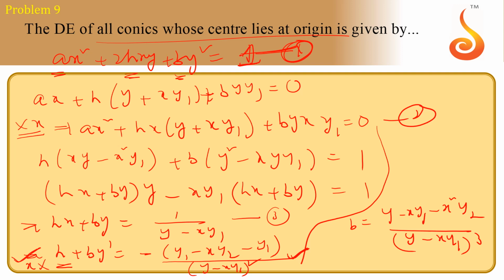Now if you differentiate this, because you have only one parameter b, it will become 0. Then you differentiate this, that will be the required differential equation. So please observe, I selected this problem so that I want to show you how I am trying to eliminate a, b, c.